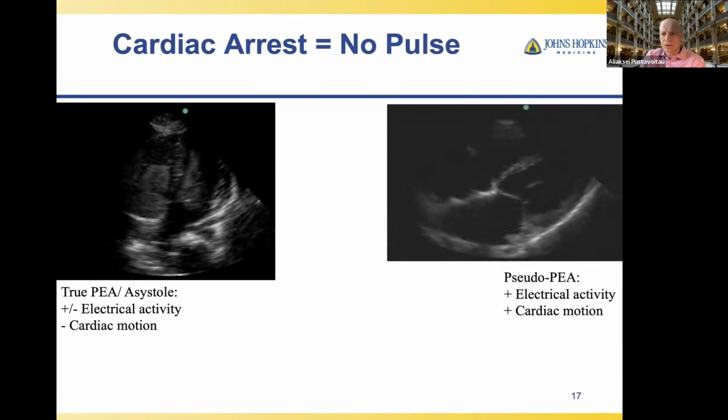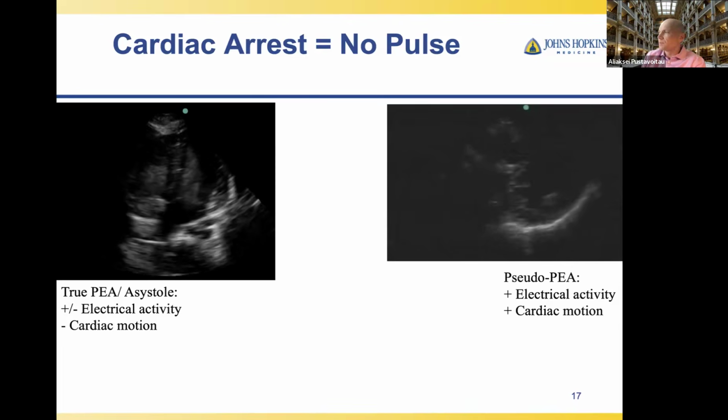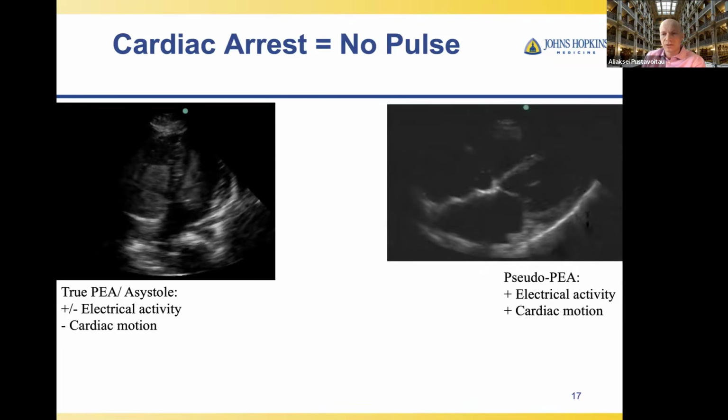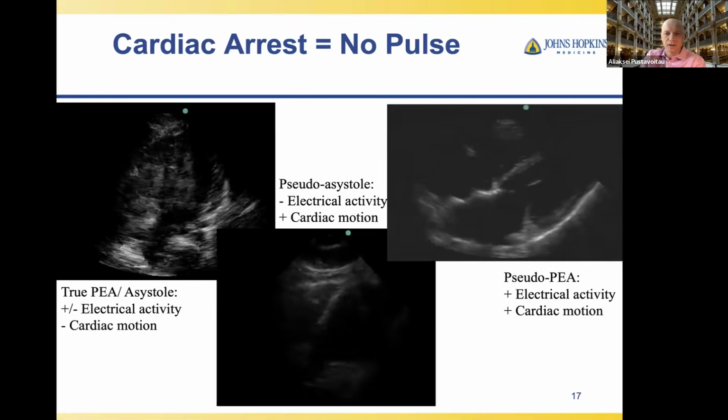We can also see what is pseudo-PEA, which I mentioned. There is electrical activity, but there is also cardiac motion on ultrasound, right? So it may not be generating enough pressure to feel a pulse, or maybe it is generating enough pressure, but the pulse is just not felt because of the limitation of our palpation.